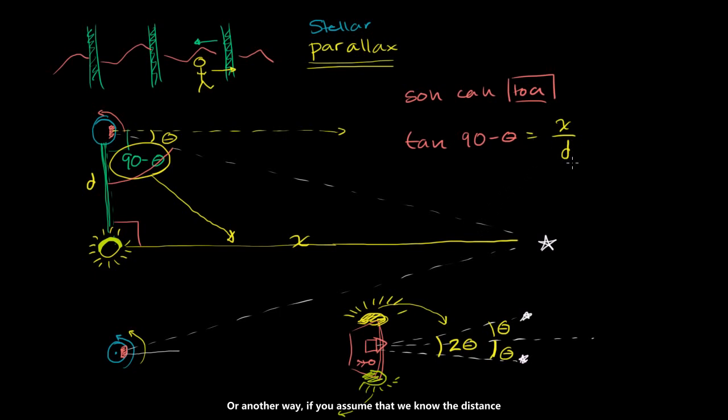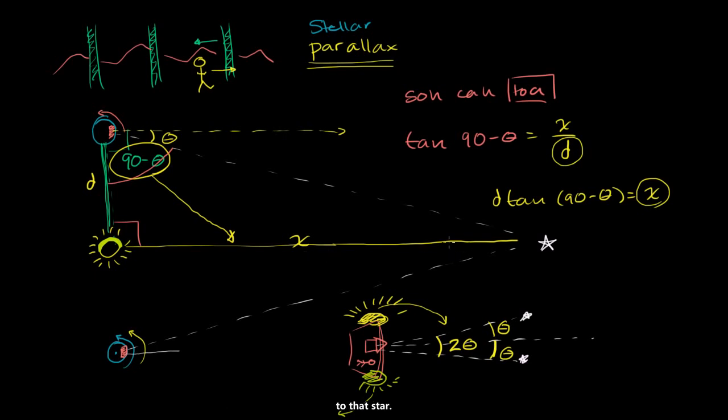Or another way, if you assume that we know the distance to the sun, you multiply both sides by that distance, and you get d times the tangent of 90 minus theta is equal to x. And you can figure out the distance from our solar system to that star.